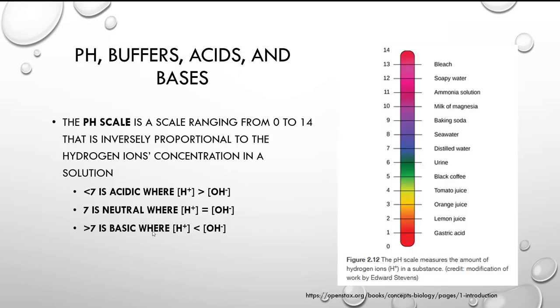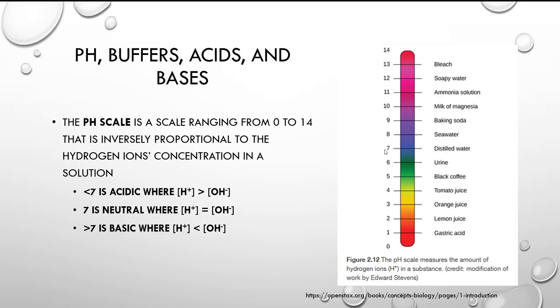So when we look at a pH scale, we're actually looking at the concentration of hydrogen ions in the solution. The higher the concentration of hydrogen ions, the lower the pH. The lower the concentration of hydrogen ions in the solution, the higher the pH. So think of it as an inverse scale.